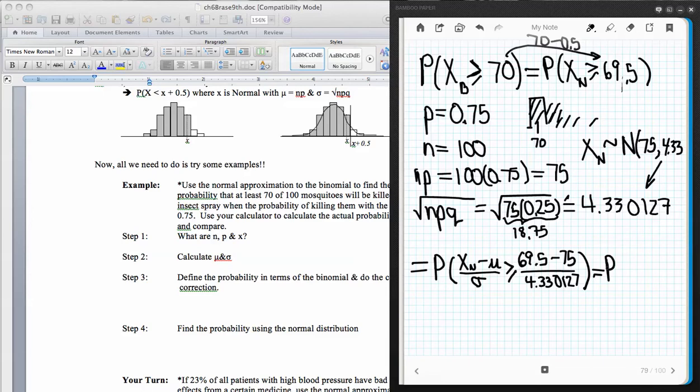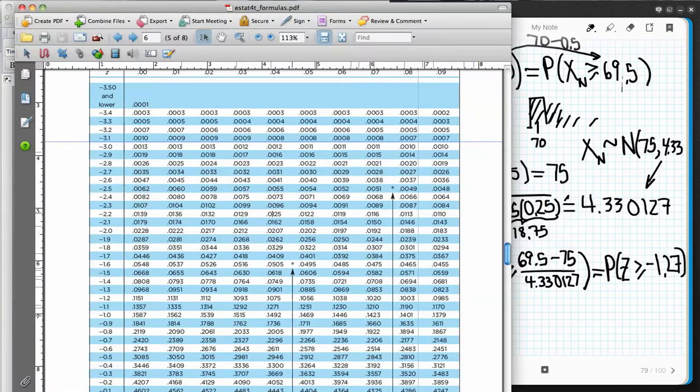Now remember, I always want you to standardize in my classes, so you'll be standardizing these no matter what. We could just plug that into a calculator and get it automatically, but I don't want to do that. So I'm going to have 69.5 minus 75, divided by 4.330127, and I'm going to get negative 1.27. And negative 1.27, now I could go look that up in my z table. That's one place I could get it.